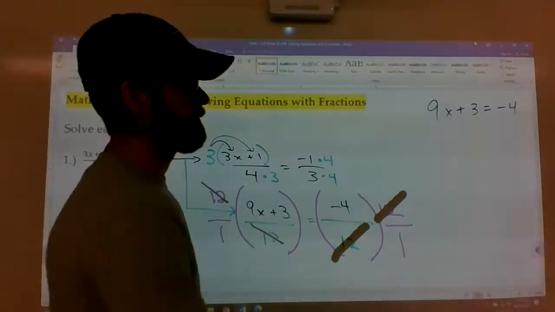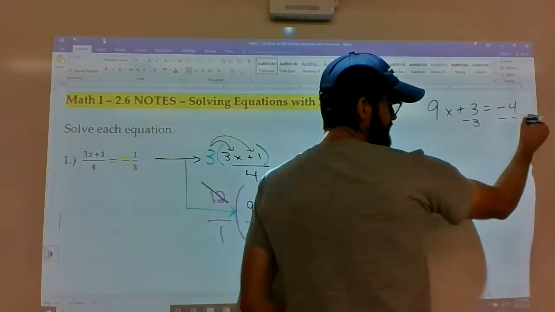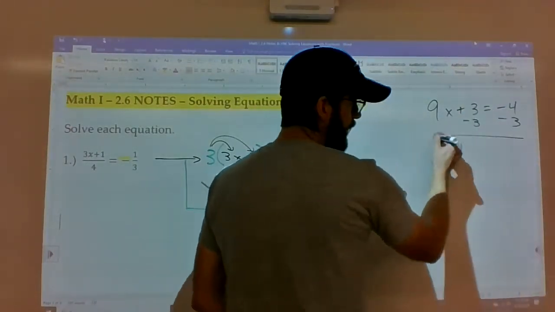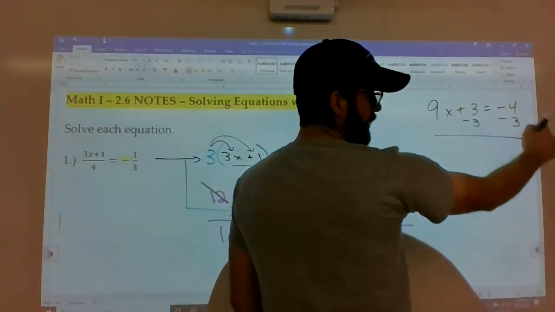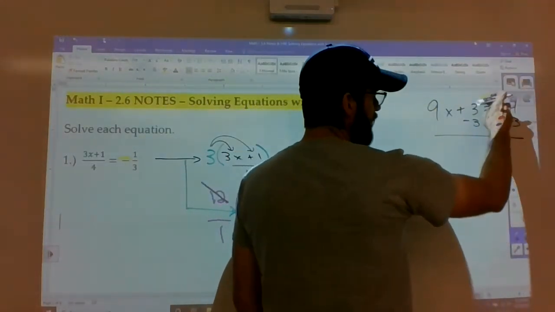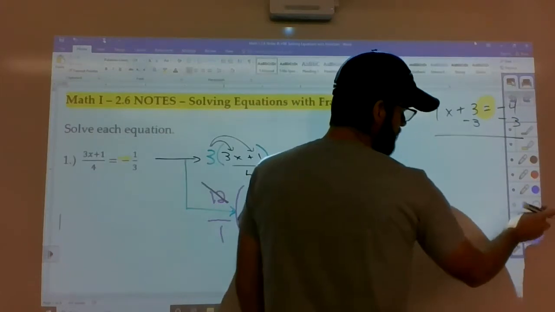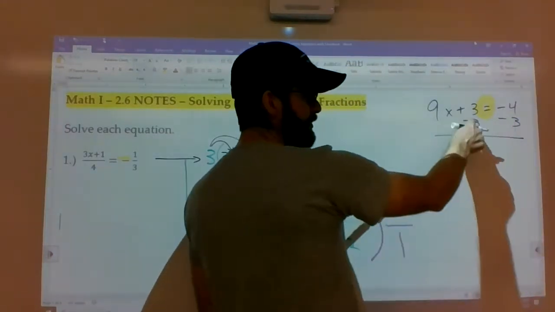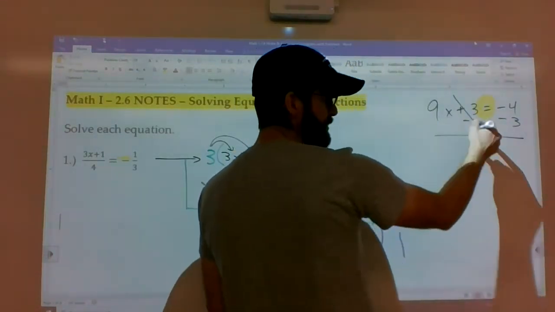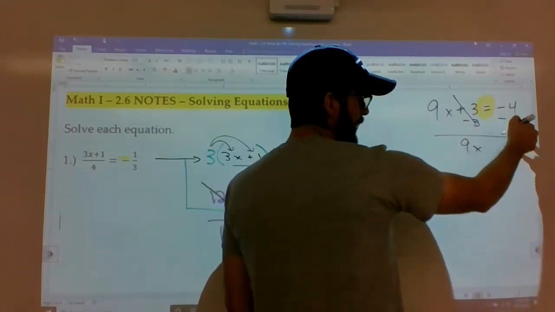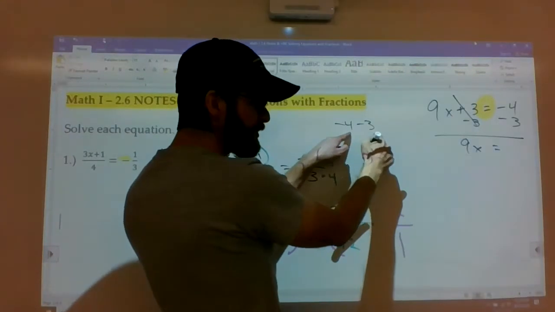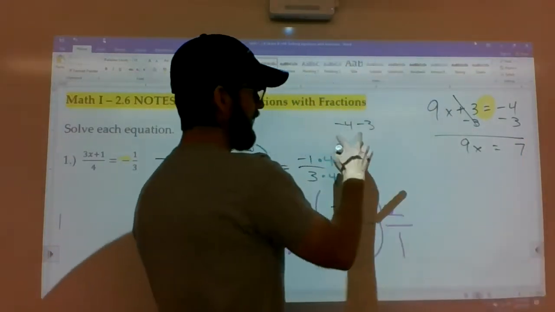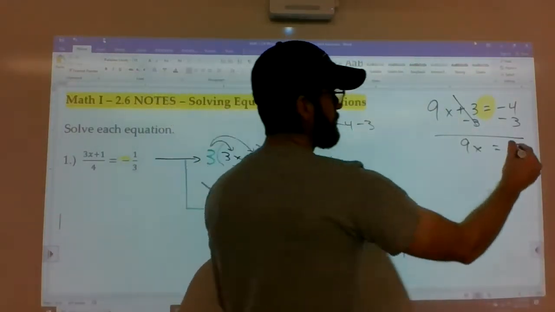So we can subtract 3 from both sides to get the like terms together, and we have to do the opposite operation if we're moving it to the other side of the equal sign. 9x plus 0, negative 4 minus 3. Remember, same sign, add the two numbers together. And it's going to be negative in this case.